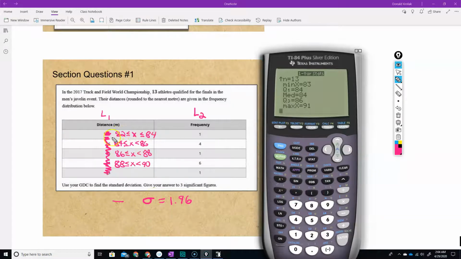So if you were given class intervals instead of single values, you use the mid interval in order to do your analysis. So my list 1 would be made up of 83, 85, 87, 89, and then my list 2 would still have my frequencies in it. I just use the mid value of each interval.